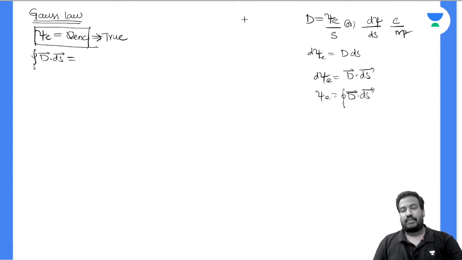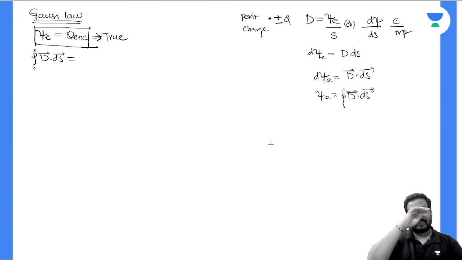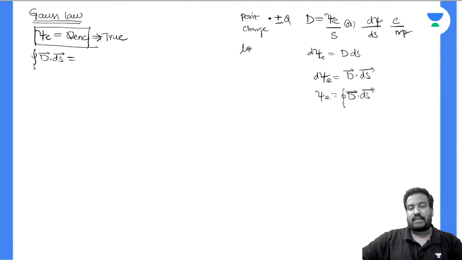Charge enclosed. Charges can be a point charge at a given point, positive or negative, plus q or minus q. Line charge is charge in a given line.